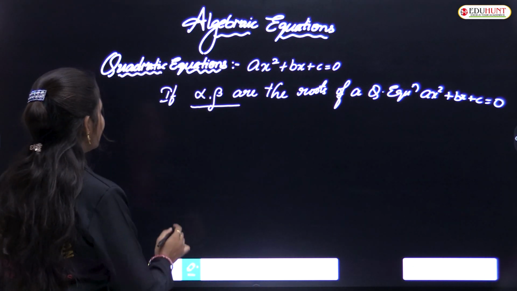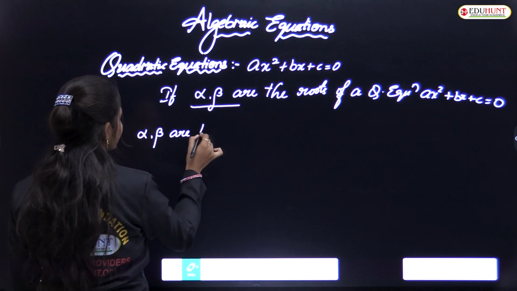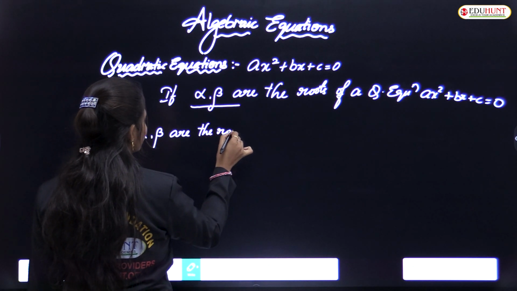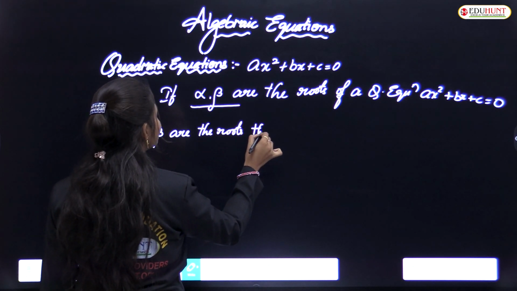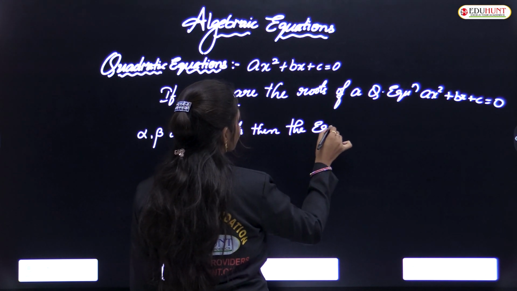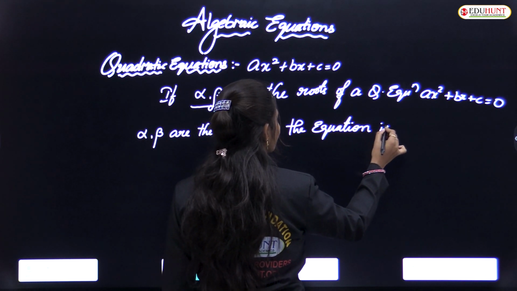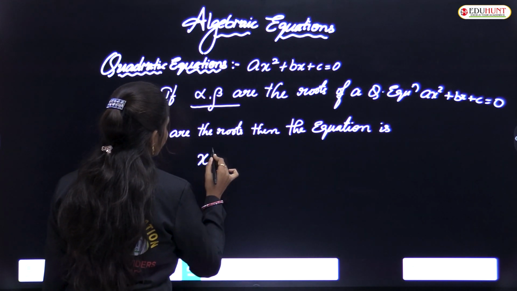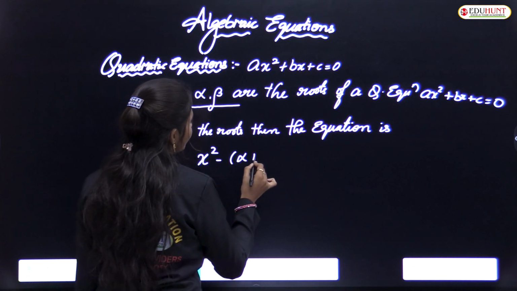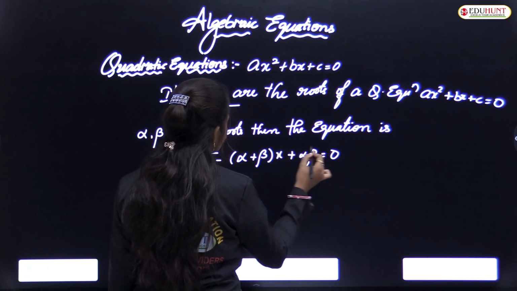Okay, so if alpha comma beta are the roots, then the equation is x square minus (alpha plus beta) into x plus alpha beta is equal to 0.